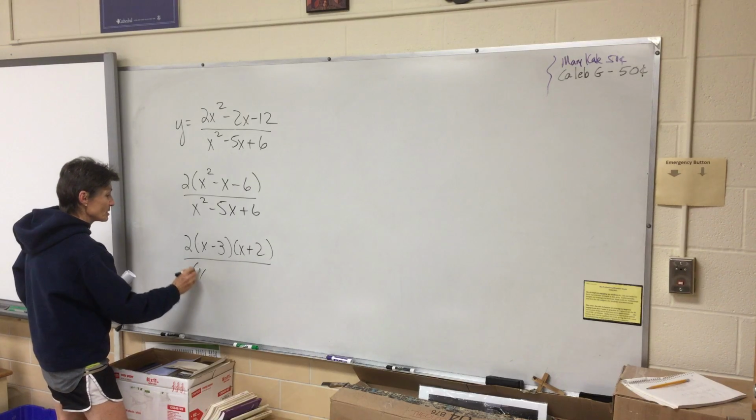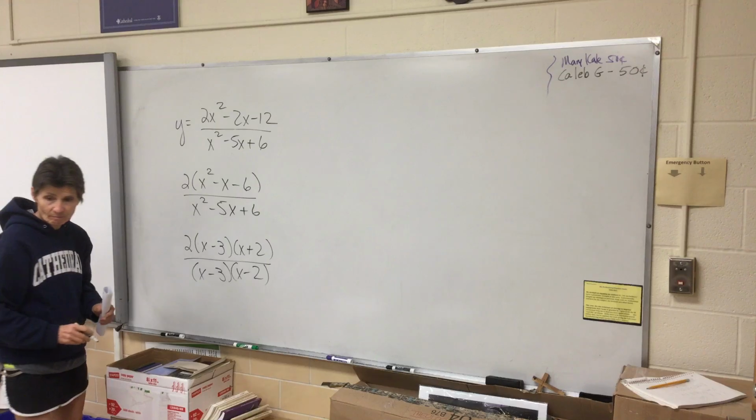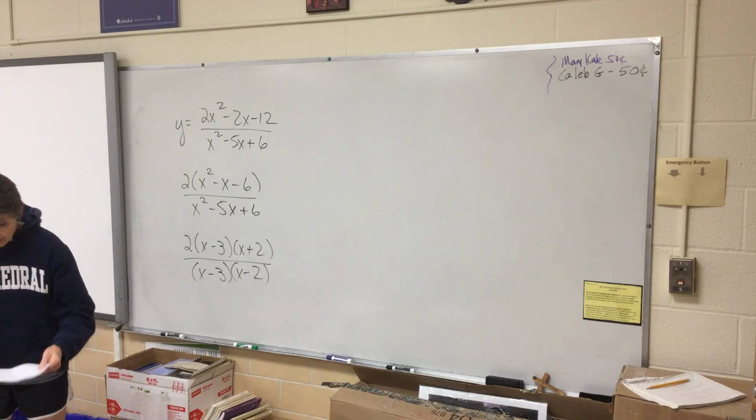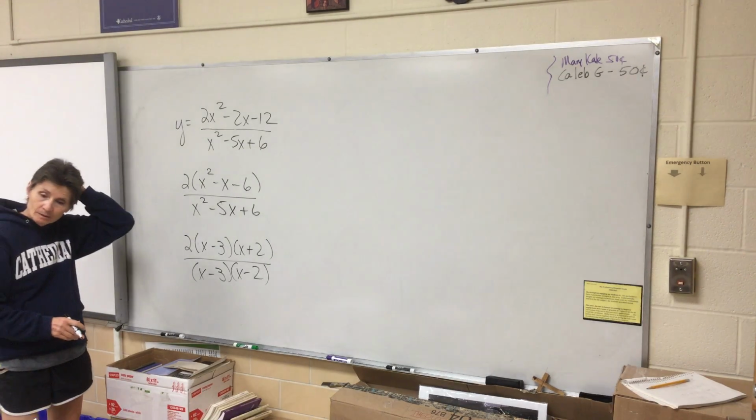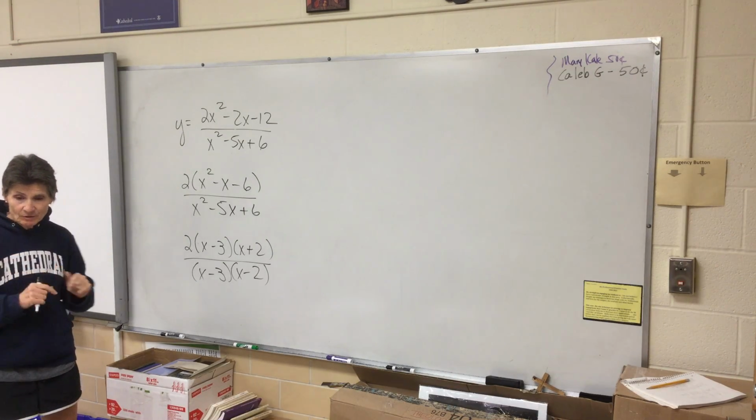And the one on the bottom is going to be x minus 3 minus 2. Does that look okay to everybody? Good. So step 1 is factor.